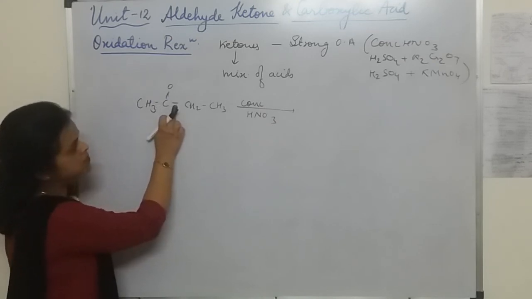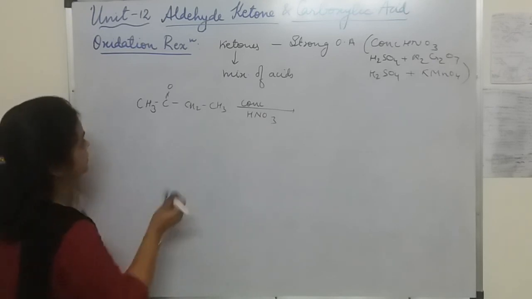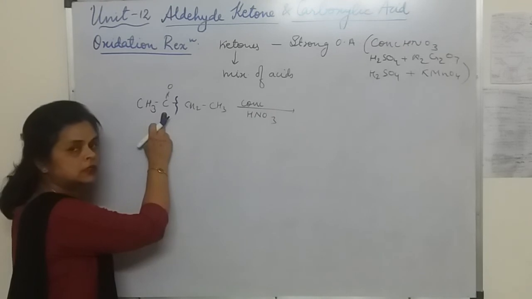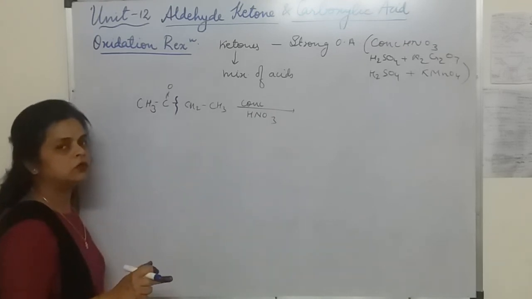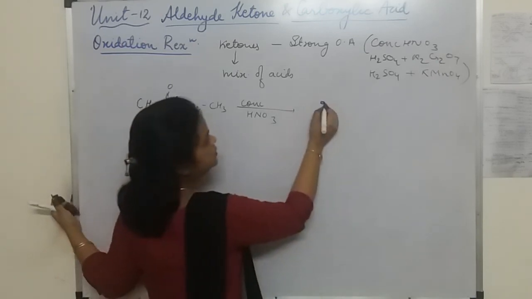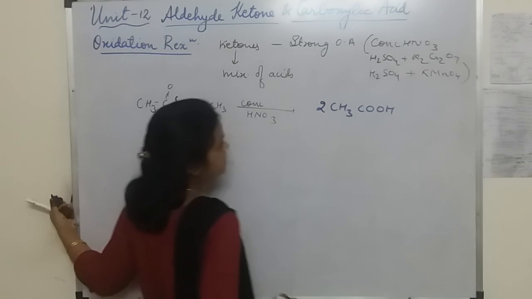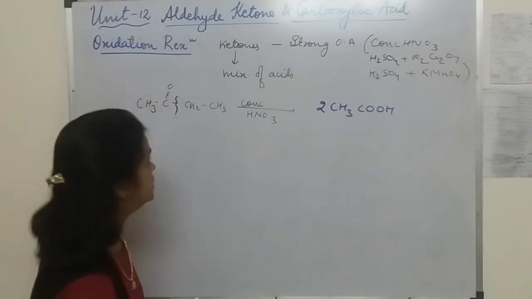If this bond is broken, let's see how to make the product. Here 1 and 2, so 2 carbons, make an acid of 2 carbons. So what will be the product? 2CH3COOH.